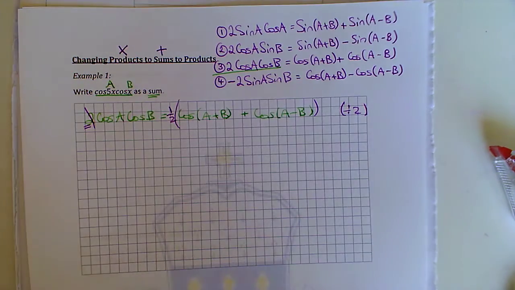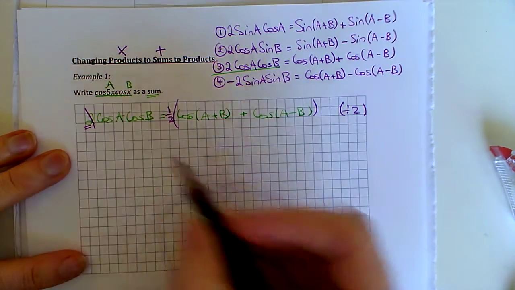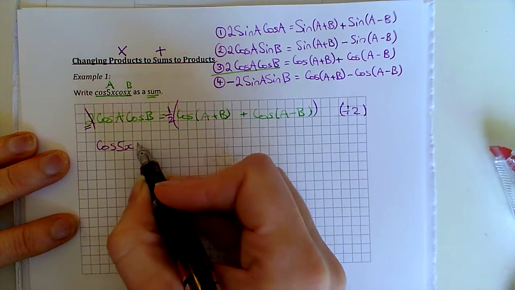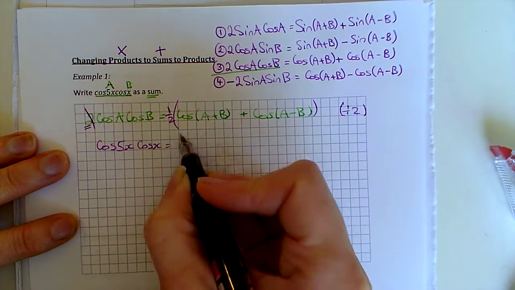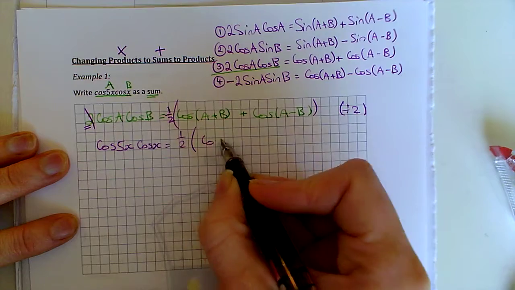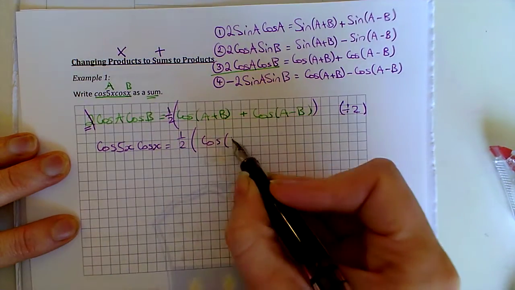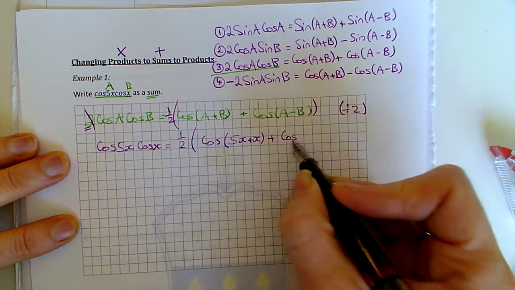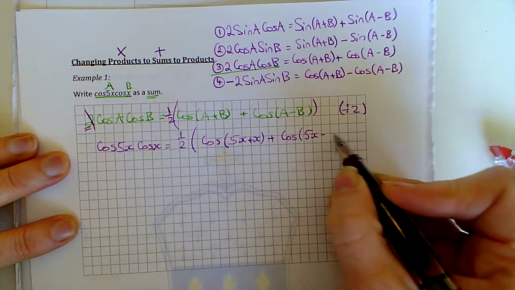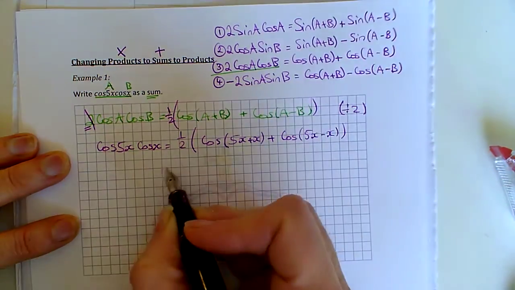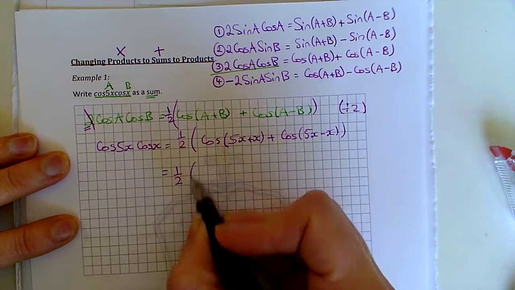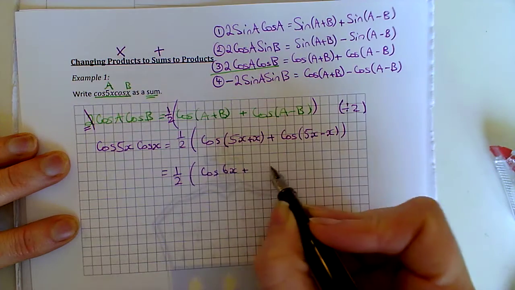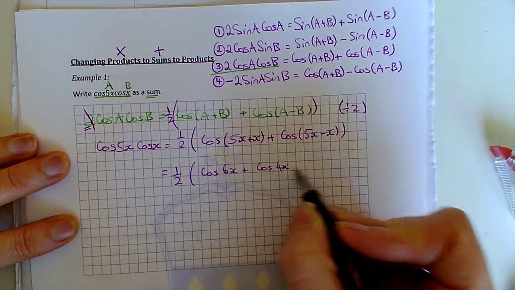So then, filling in, A is 5x, B is x, so cosine of 5x times cosine of x will be a half by cosine of 5x plus x, we'll simplify that in a second, plus cosine of 5x minus x, which is a half by cosine of 6x plus cosine of 4x.